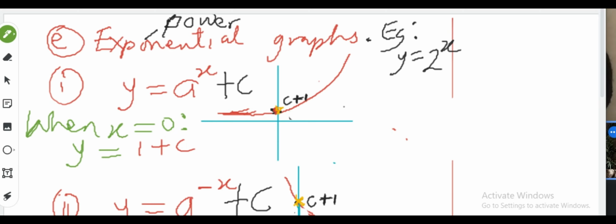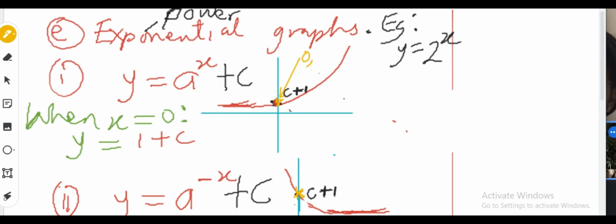I will use a yellow pen. 0, comma, c plus 1. Also, this coordinate is 0, comma, c plus 1. That's the intercept.